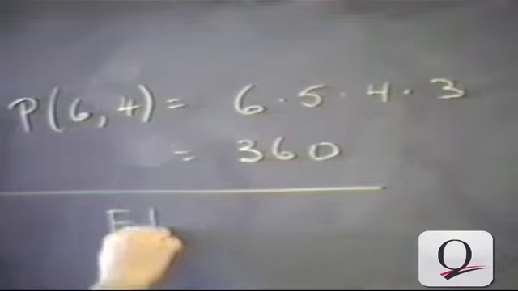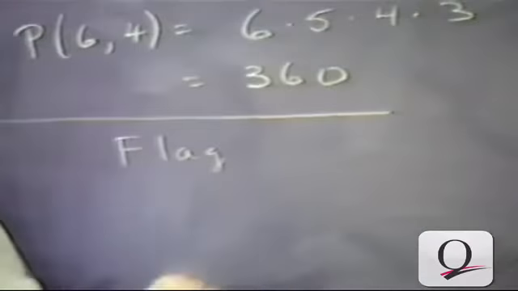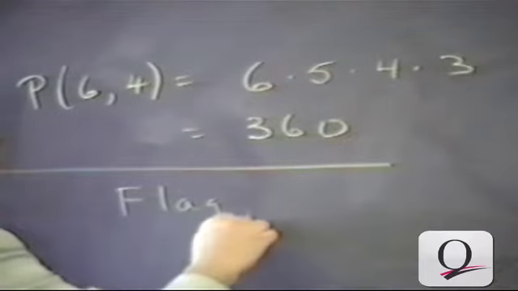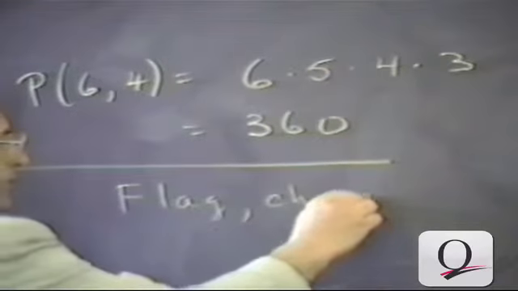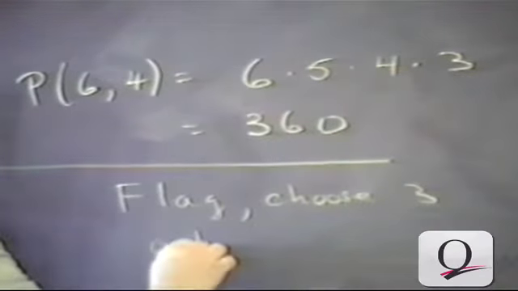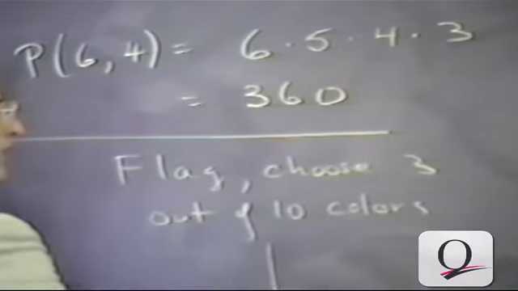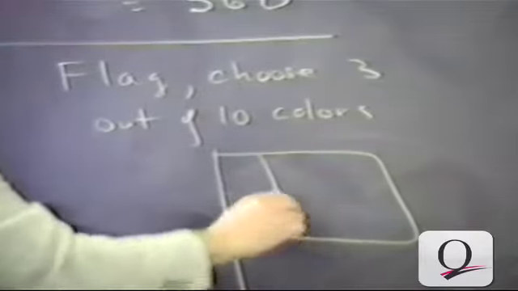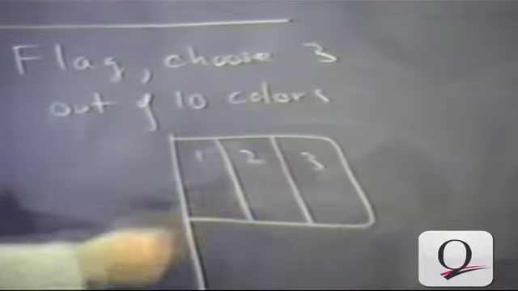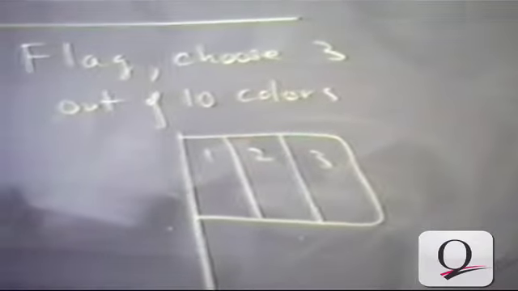Let's say you have a flag. Choose 3 out of 10 colors. Let's say it's a flag that looks like this. First stripe, second stripe, third stripe, where the order of the stripes is important.